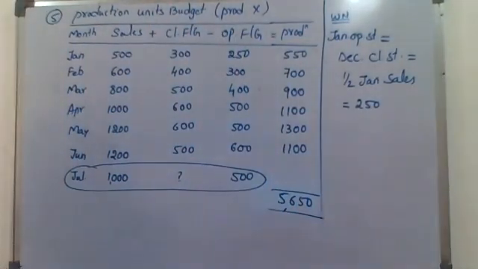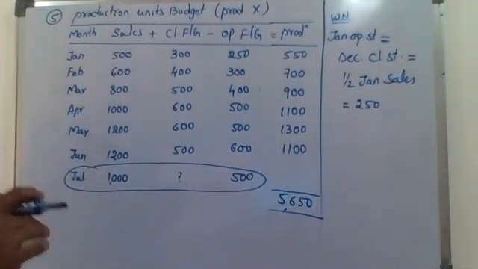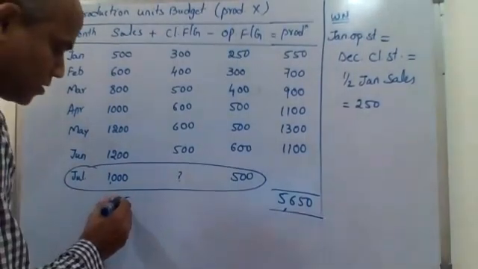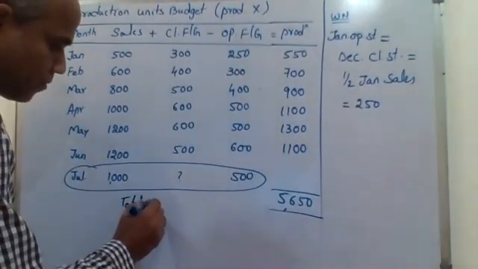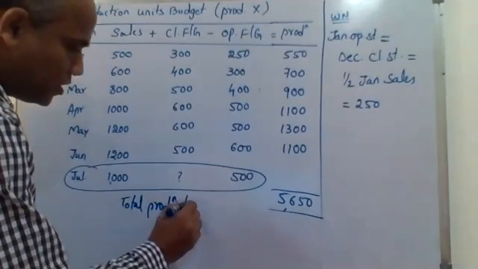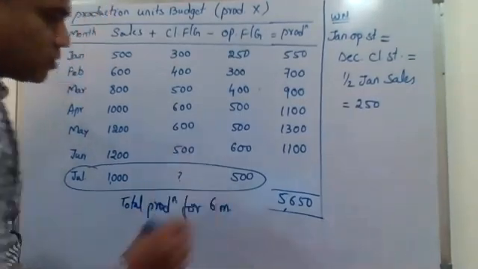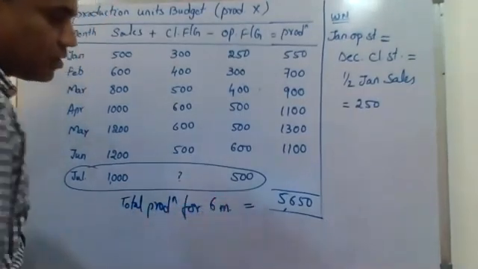So this 5,650 units is the total production units for 6 months. Okay, I got this.